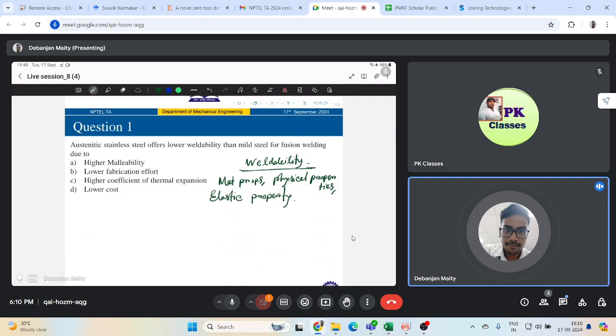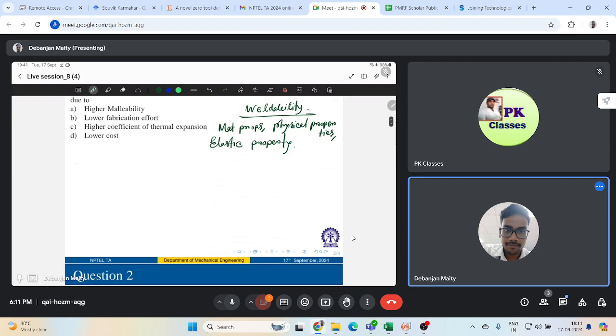To start with, let's try to define what is weldability. So what is weldability? Any answer from your side?